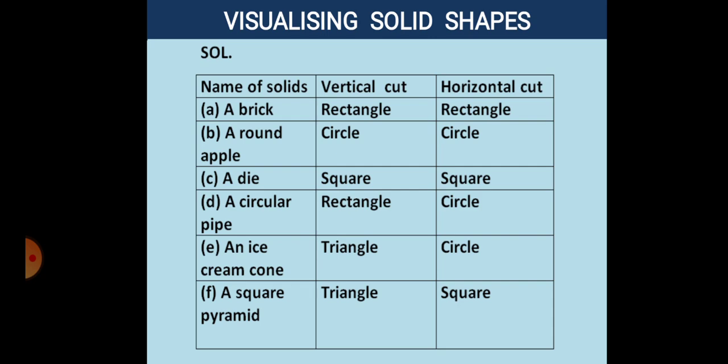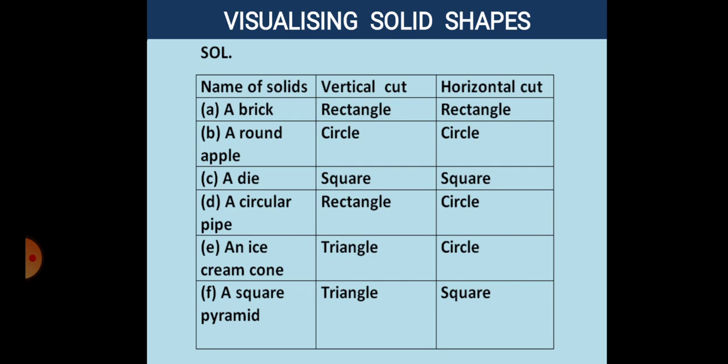So if we cut a brick vertically, then we will get a rectangle, and if we cut it horizontally, we will get a rectangle also. B, a round apple. In case of vertical cut, we will get circle, and in horizontal cut, we will get circle also.